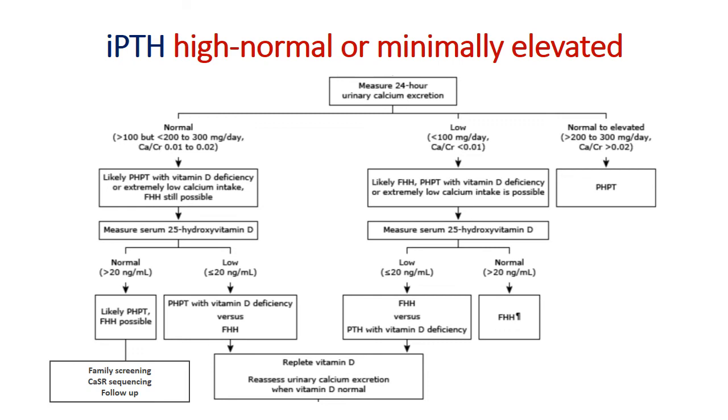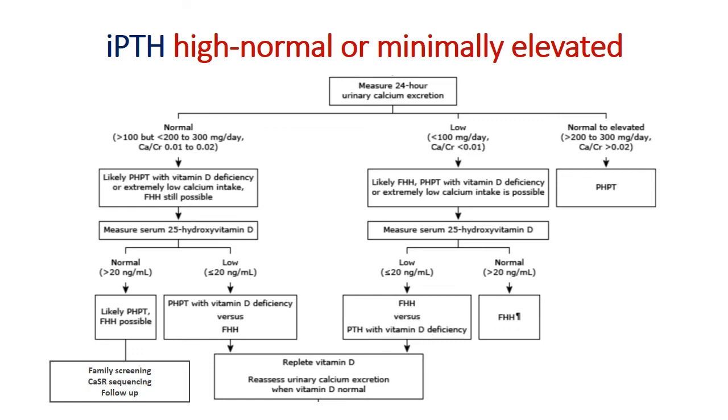If your 24-hour urine calcium excretion is low, you are likely dealing with familial hypocalciuric hypercalcemia, but there is a small possibility that it would also be primary hyperparathyroidism with vitamin D deficiency, in which case you assay serum vitamin D levels.